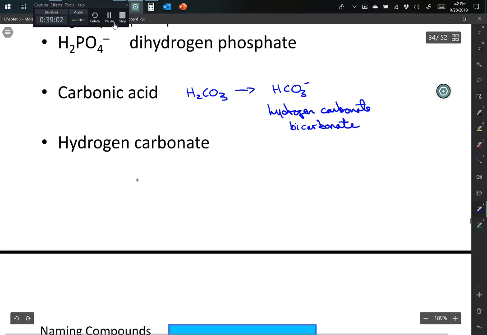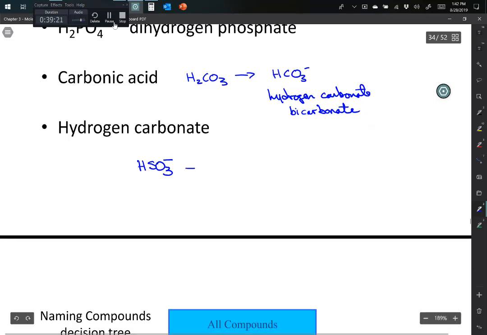What about this? What would I call that? So, what is SO3 minus? Sulfite, right? So this is bisulfite. And you'll see that as an ingredient in different things, bisulfite.